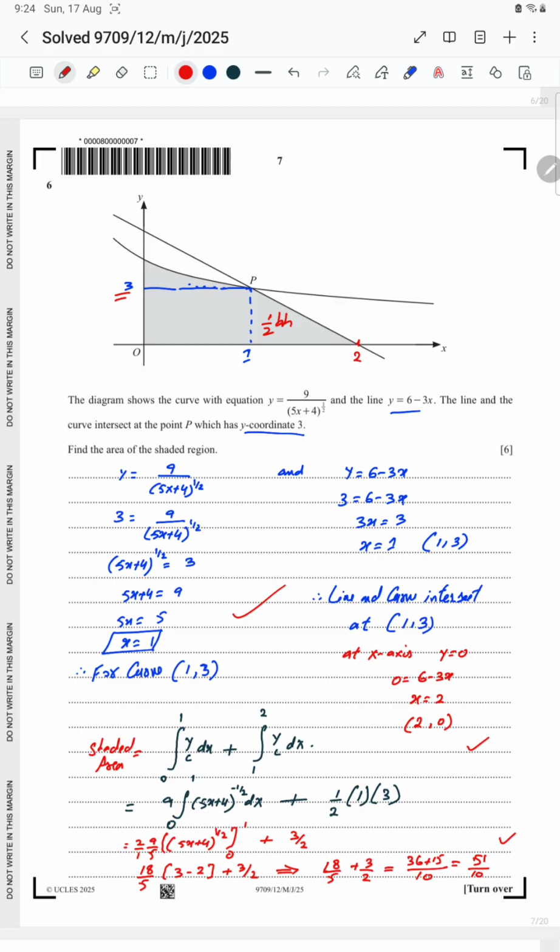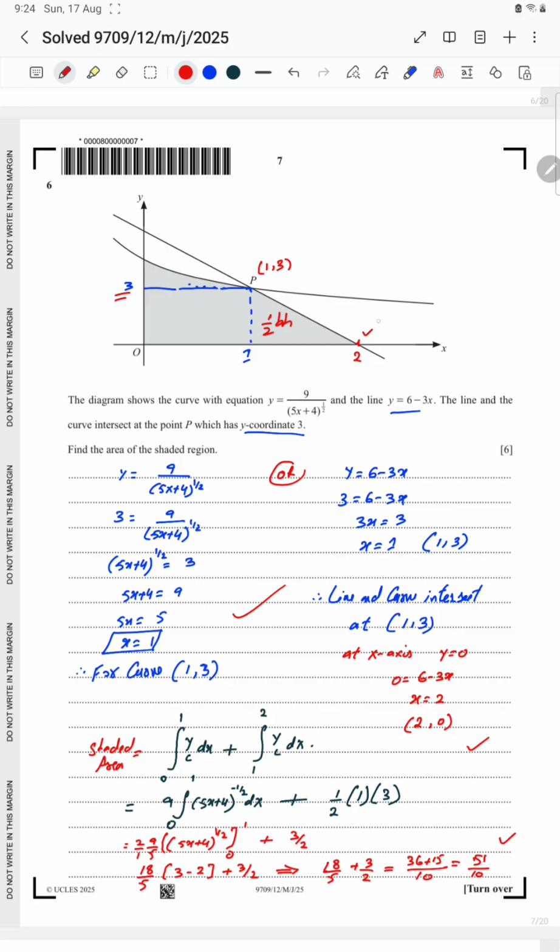If you replace y in either the line or the curve, you will get the x coordinate, that is 1. So P has coordinates when x is 1, y is 3. You can see the x coordinates at x is 1 and 3.